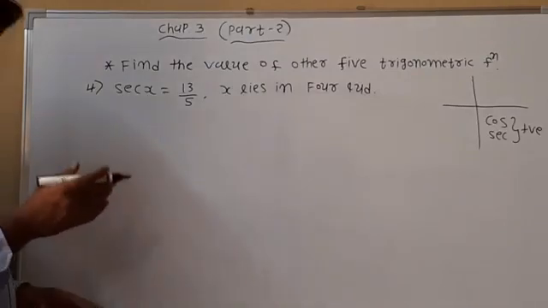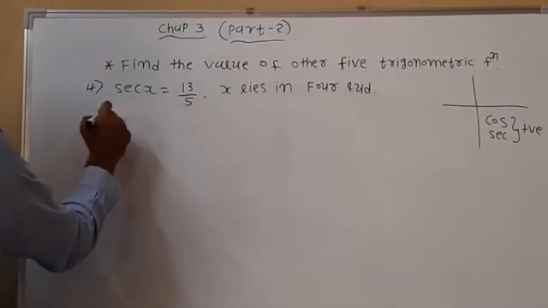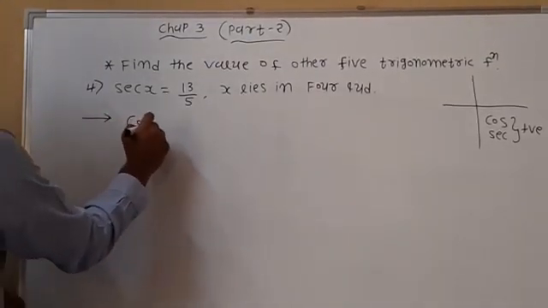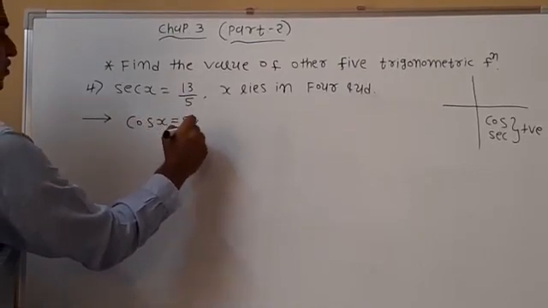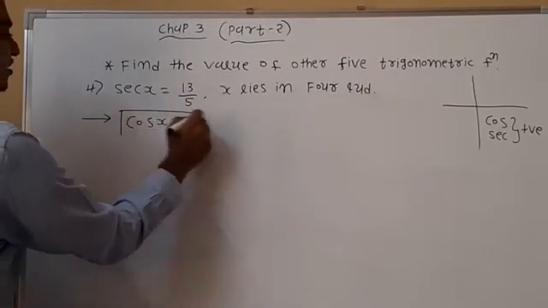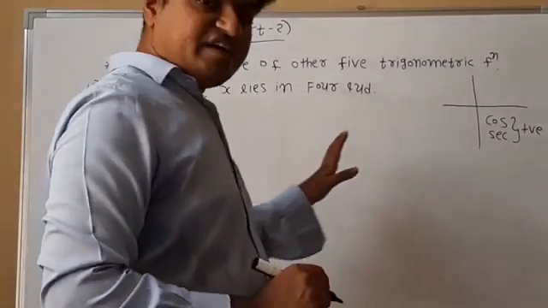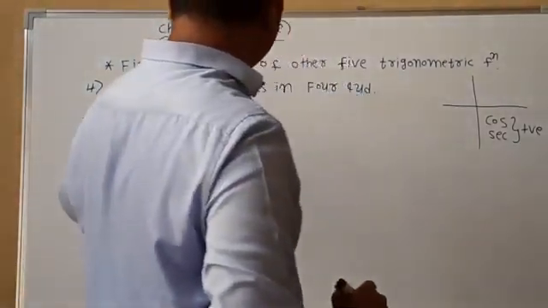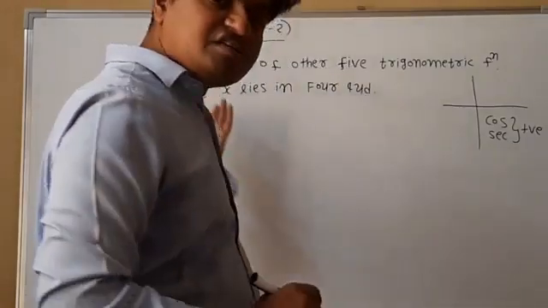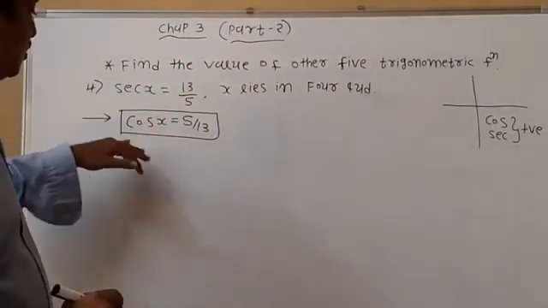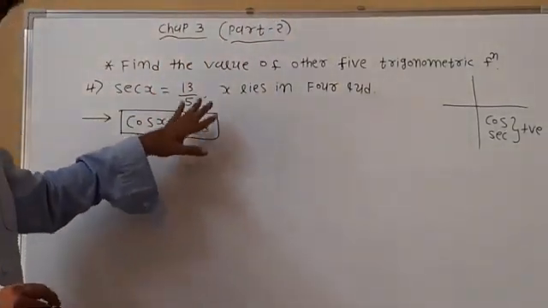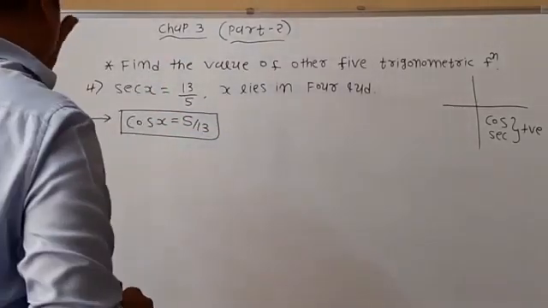Now using sec x, find the value of cos x. So cos x is equal to 1 upon sec x, and in place of sec x write 13 by 5. This term is written in reverse order. So we get the value of cos x is equal to 5 by 13.